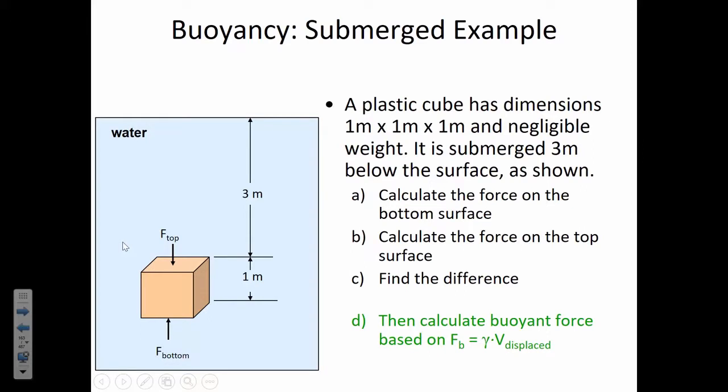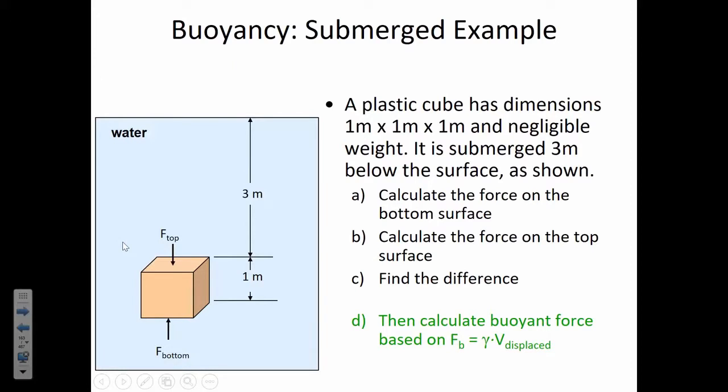The unit weight, 9810 newtons per meter cubed. And 1 square meter of area gives us a downward force of 29,430 newtons. So as we would expect, the forces that are acting on the bottom side of it, pushing this cube up, are larger than the forces that are pushing down on it from above.